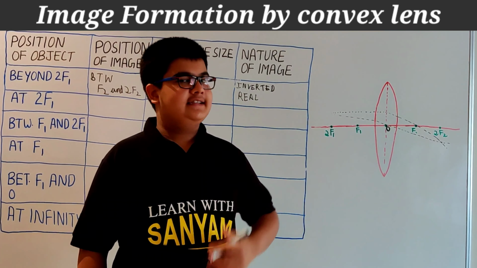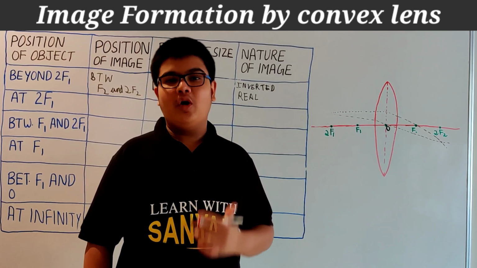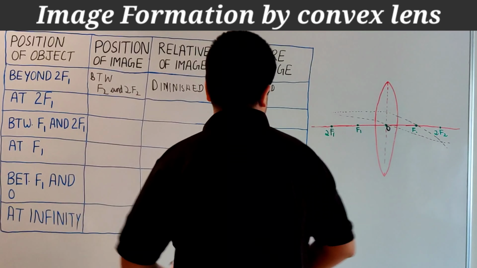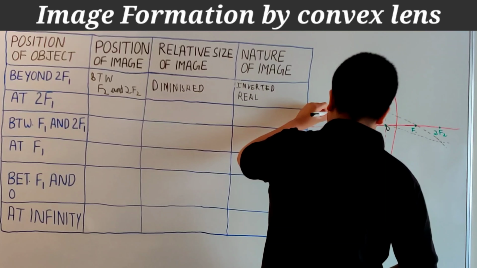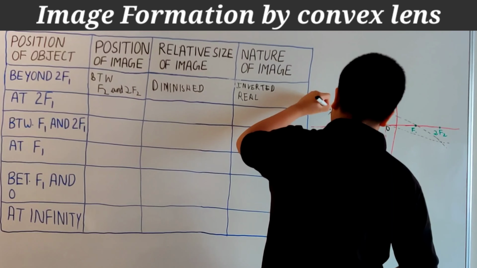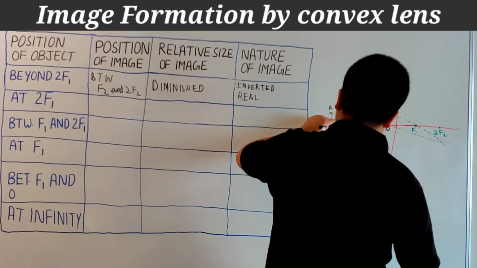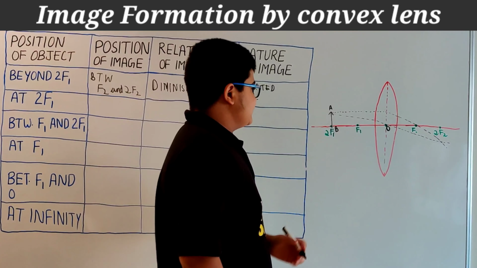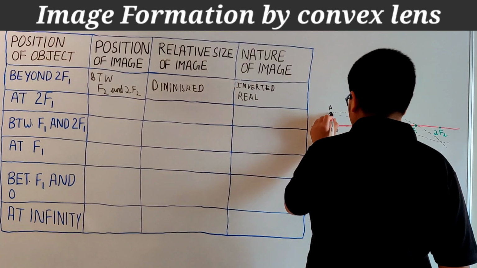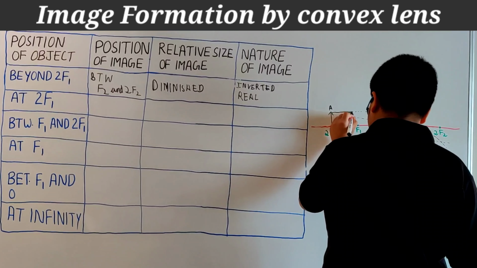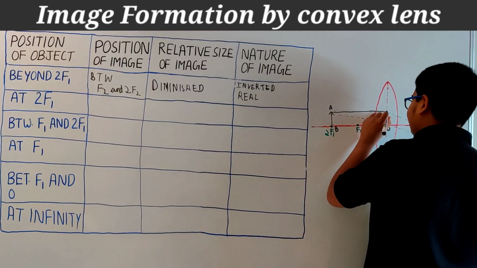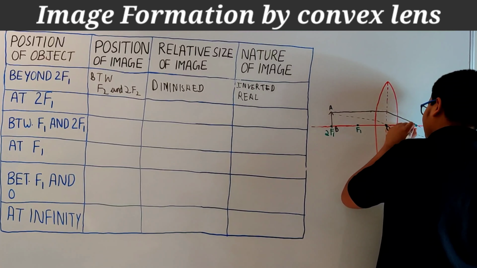Now let's discuss the second case in which the object is placed at the point 2F1. So basically, the object is placed at this point. Here we have object A. And now let's draw the two rays. First, using the first rule, incident ray is parallel to the principal axis, refracted ray passes through the focus.